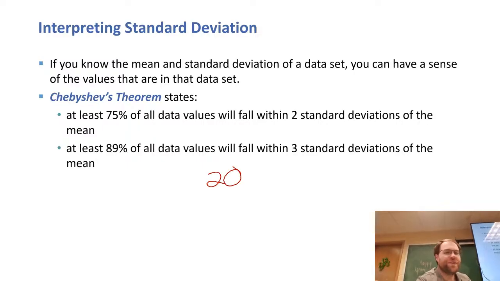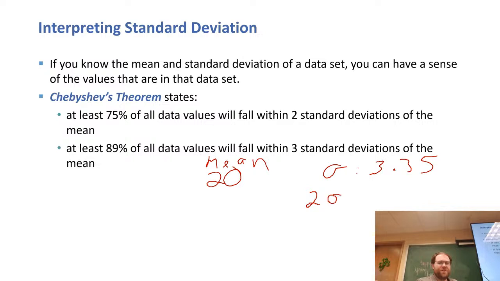So mean is 20. And we said standard deviation was 3.35. What would 2 of these standard deviations be if you had to multiply that by 2? 6.7.